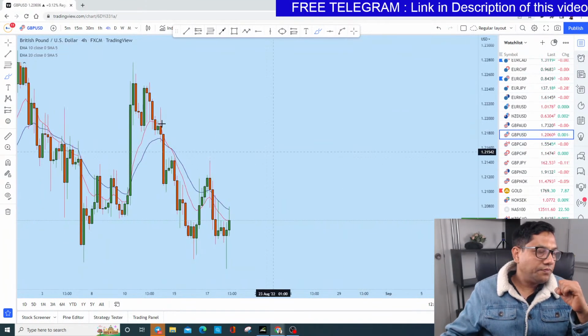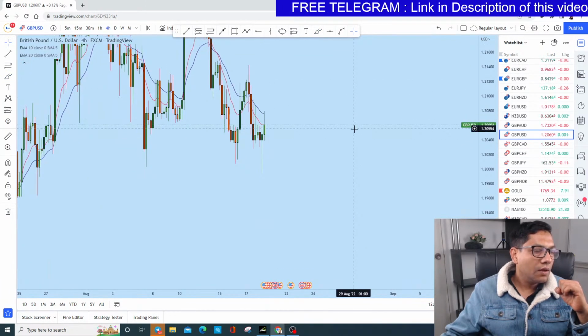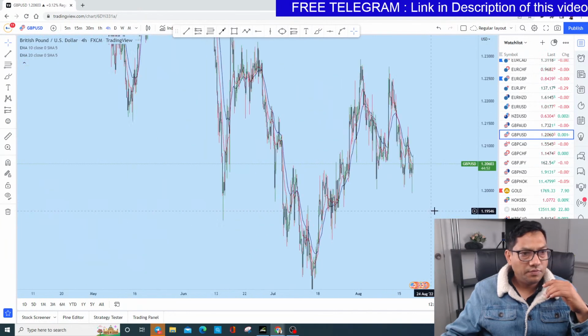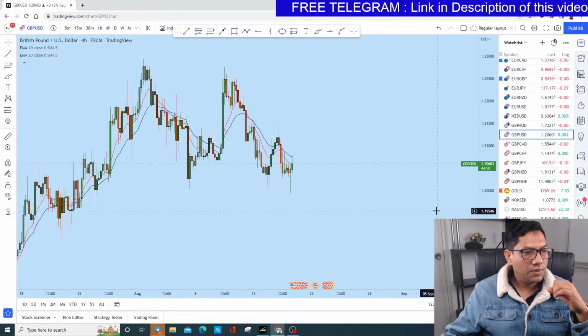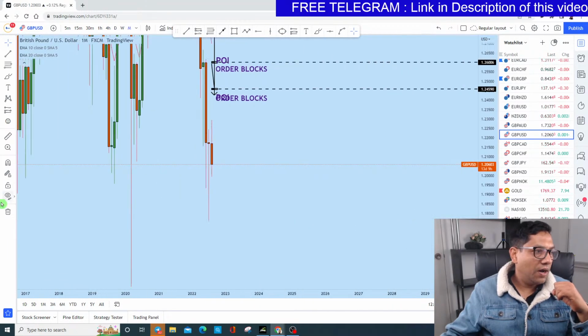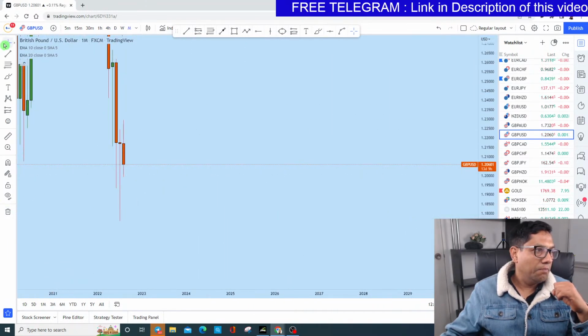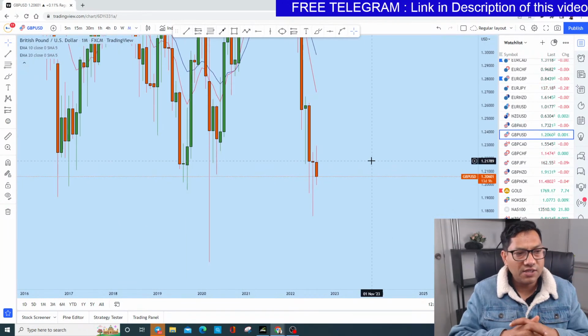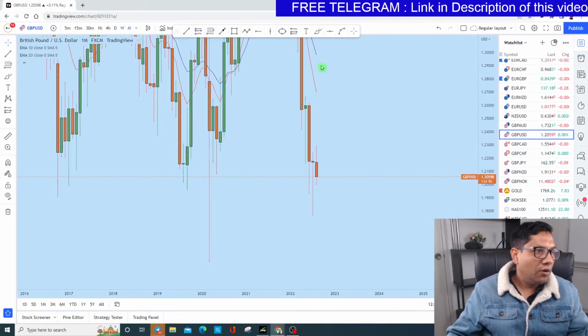Now GU, let me look at what's happening with GU. Okay, if you look at the monthly on GU, monthly is basically bearish long term. I always look at the bigger picture. You, guys and girls, have seen the same thing on the weekly.